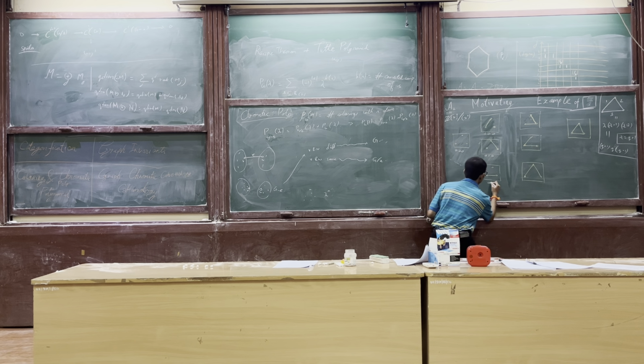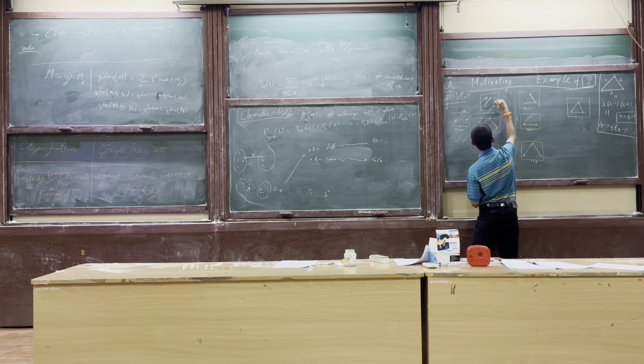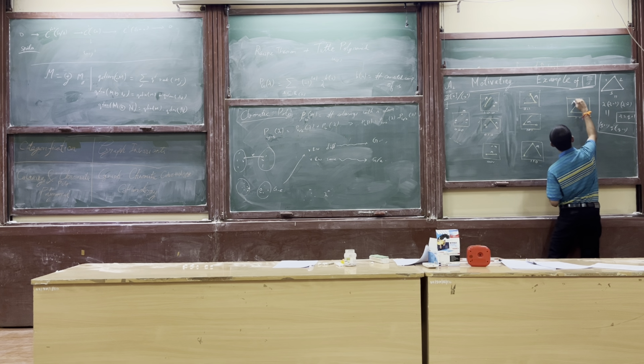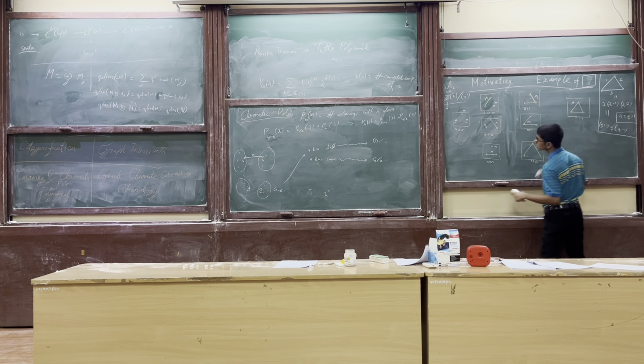So here M, and here two M's are there. Along this is the height, and the relation is that height increases by one.